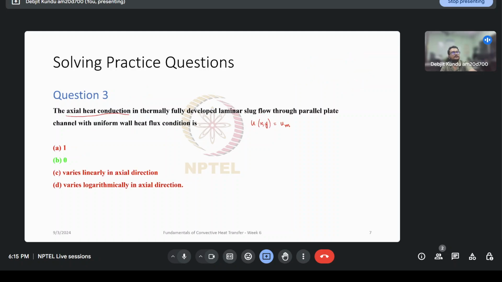So we'll quickly take a look at the answer. It's 0. Now, how do we get there? The heat transport in the x direction is simply ∂/∂x of k ∂T/∂x.